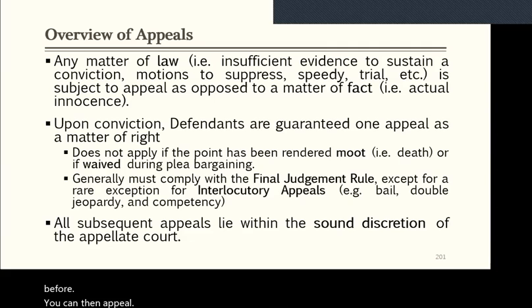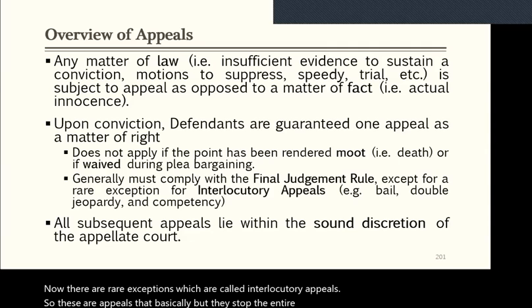Now, there are rare exceptions, which are called interlocutory appeals. These are appeals that stop the entire trial process. They stop it dead in its tracks.